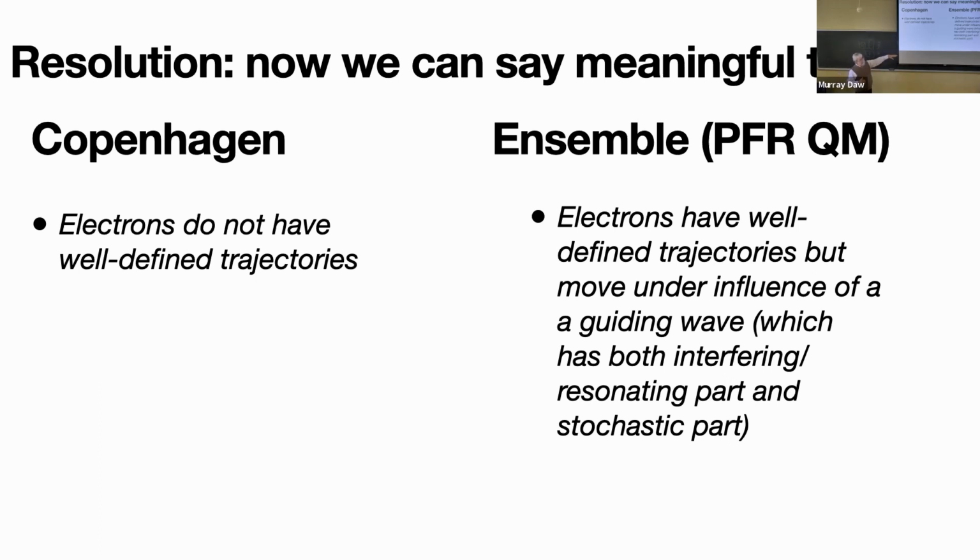The electron is moving under the influence of that force, but also the guiding wave, and that's not explicitly in the Schrodinger equation, but it's there implicitly in some way that we don't understand. But that has both an interfering, resonating part and a stochastic part, which helps us to understand what's going on. Why the particle can make it through a barrier when it shouldn't have enough energy.